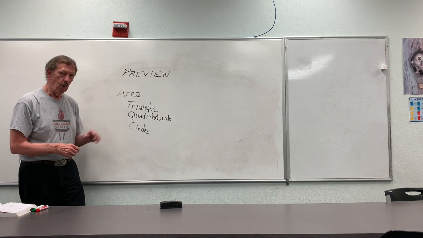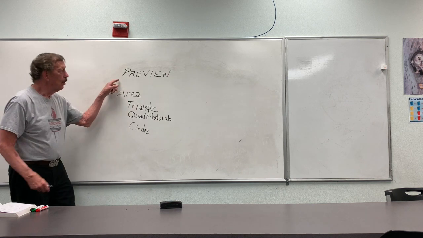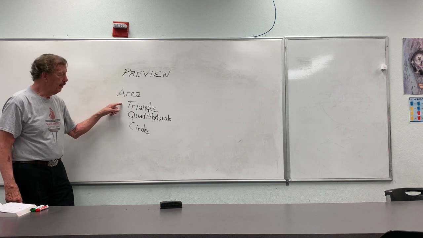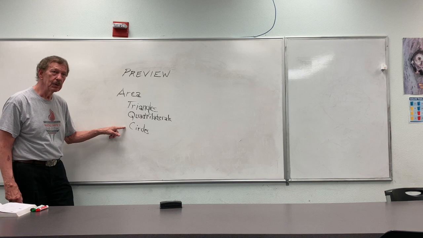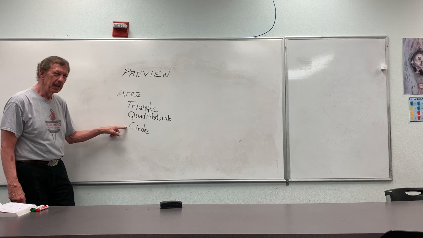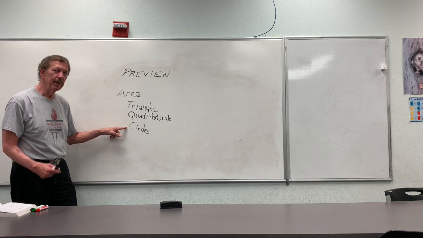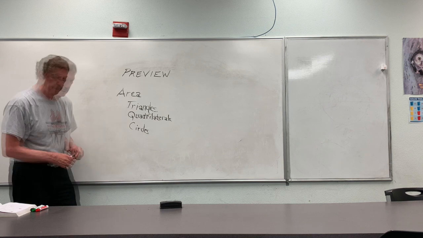So tomorrow, when we meet, we're going to look at area of triangles, area of quadrilaterals, and area of circles. This is new, and we're going to show you why the formula is what it is.